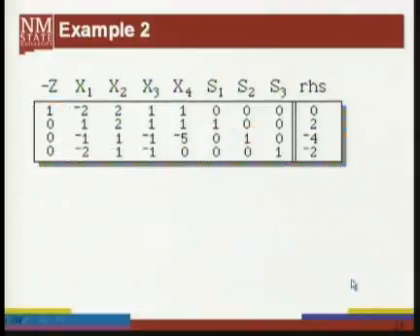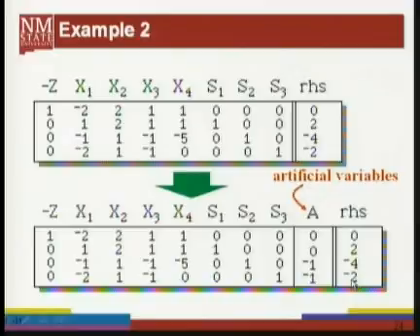Now, for every row having an infeasible basic variable, let's insert negative A, like this. Of course, A is an artificial variable.